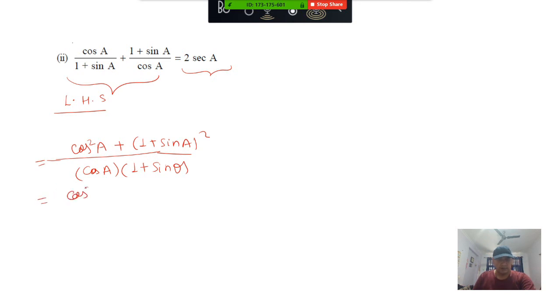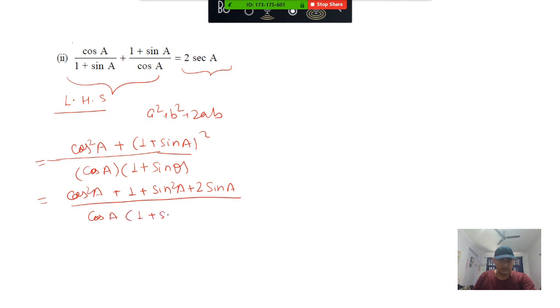Cos square a. Here we will use the a plus b whole square formula, that is a square plus b square plus 2ab. A is 1, b is sin a, so it becomes 1 plus sin square a plus 2 sin a, upon cos a into 1 plus sin a.